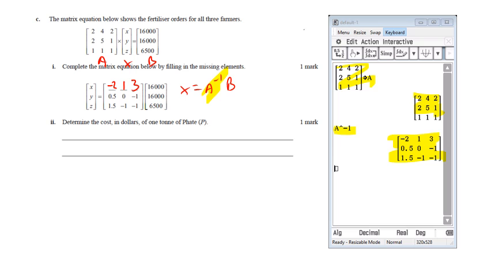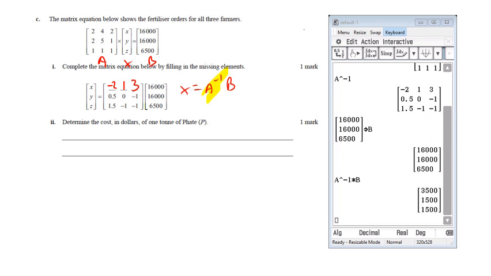Now, the next part is trying to actually solve these equations. To solve these equations, you remember the formula is X equals A neg1 B. So that's exactly what we've done over here. I've also put in B, and then I said A hat neg1 times B, and this is my answer. So we need to determine the cost in dollars of 1 ton of fate.